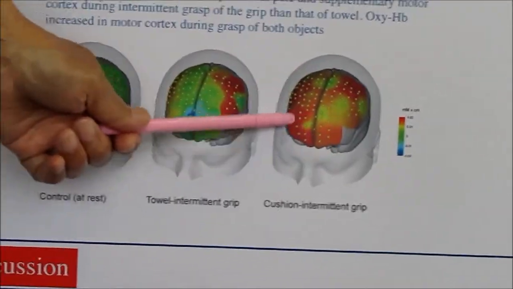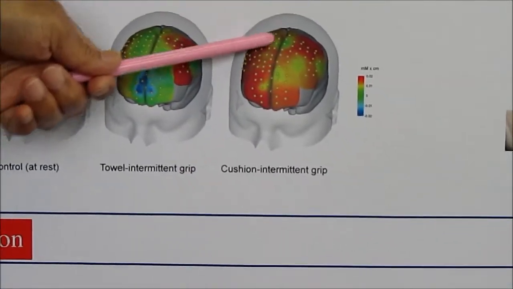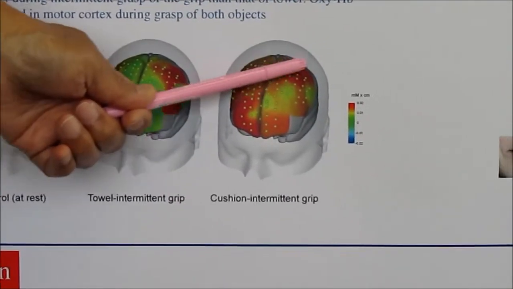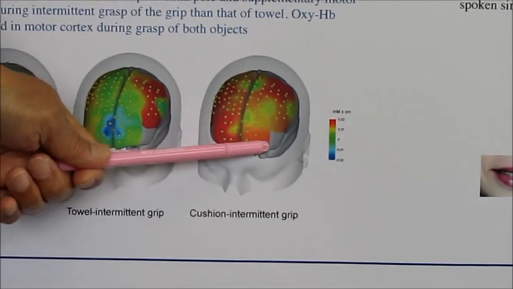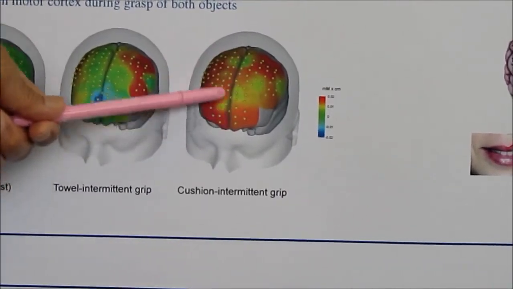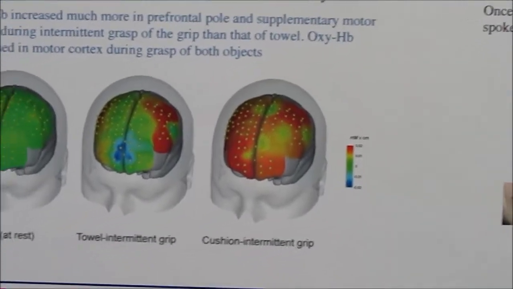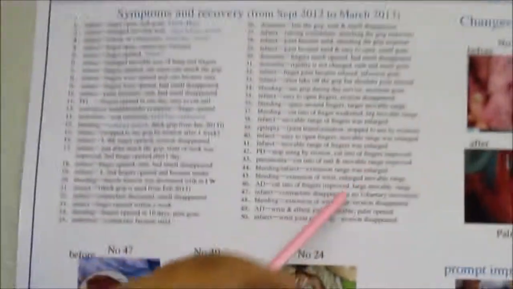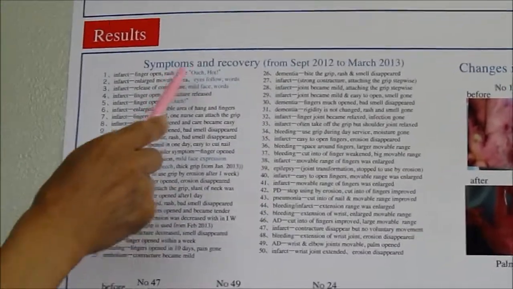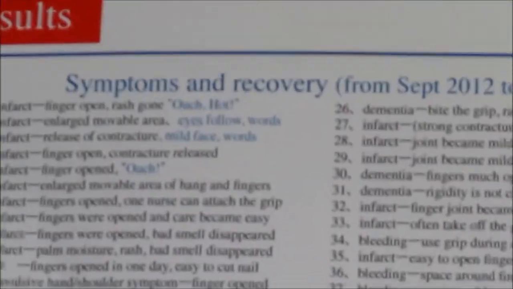Surprisingly, when we grasp the high repulsion cushion intermittently, not only the motor areas, but also the frontal, especially pole areas, blood flow was increased very much. Among the people, we checked 50 patients. Some recovered words.